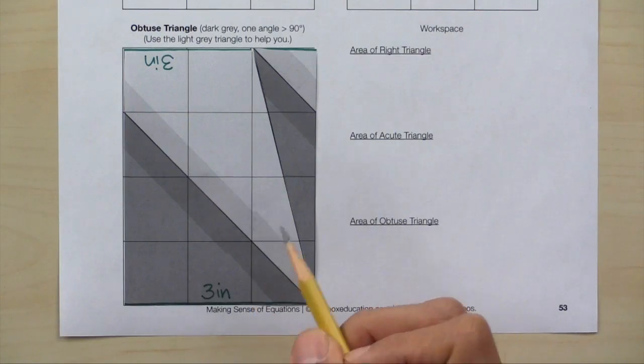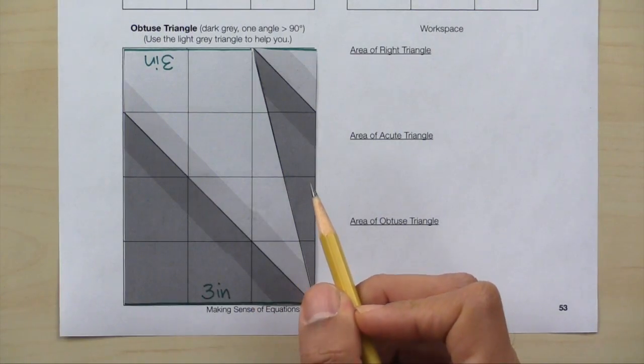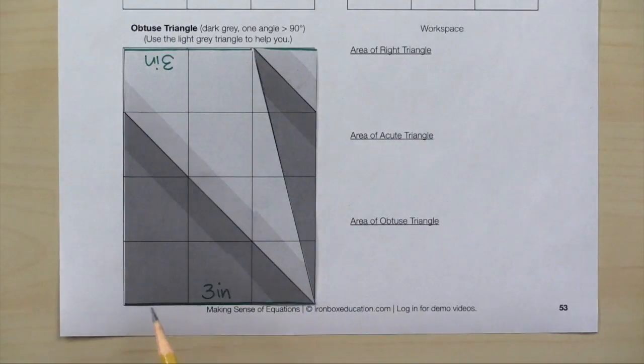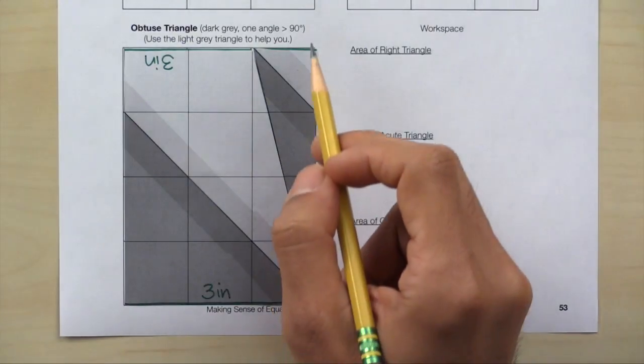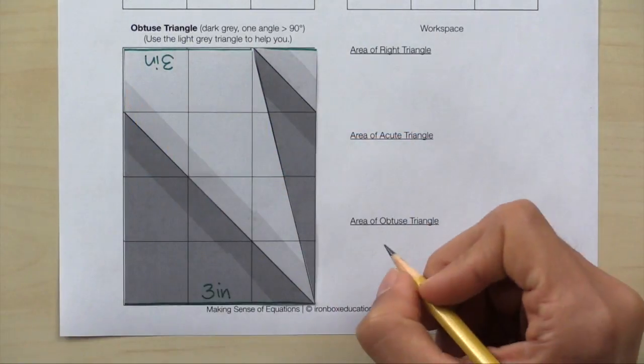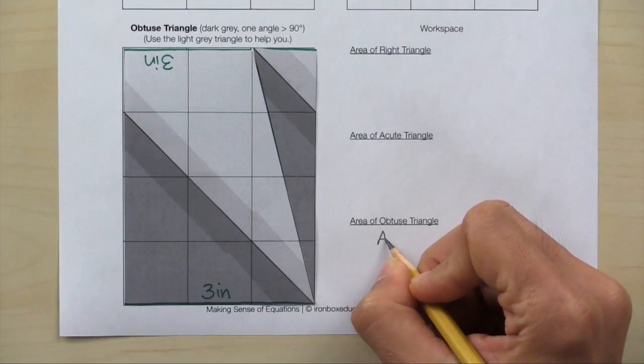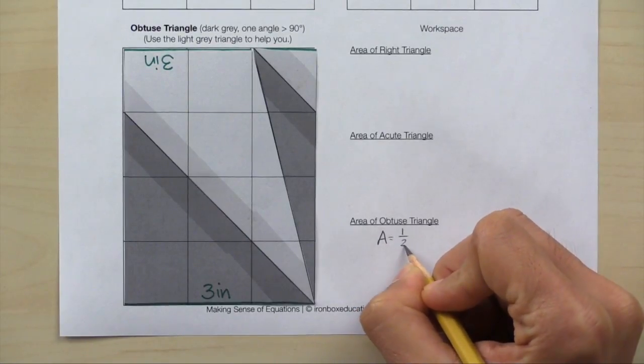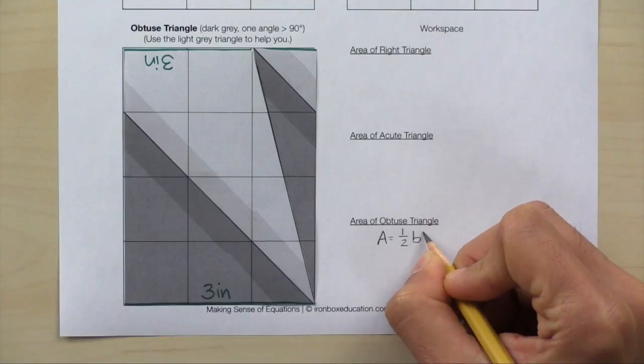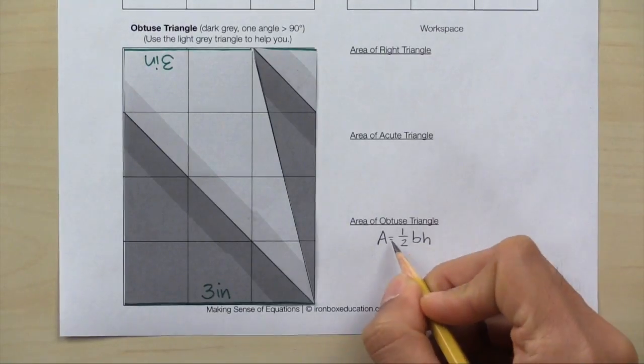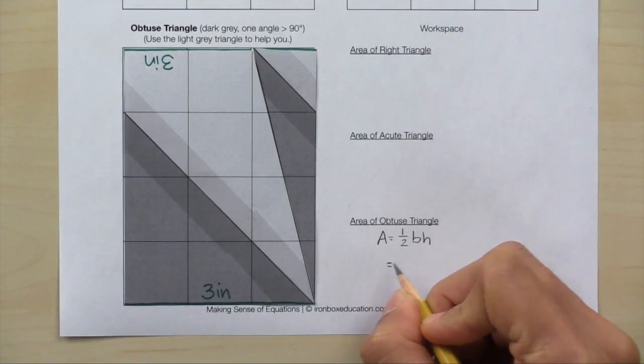Now let's find the area of the dark gray obtuse triangle. The dark gray obtuse triangle took up 1/2 of this rectangular grid. So the area is equal to 1/2 base times height. Let's go to the next line.